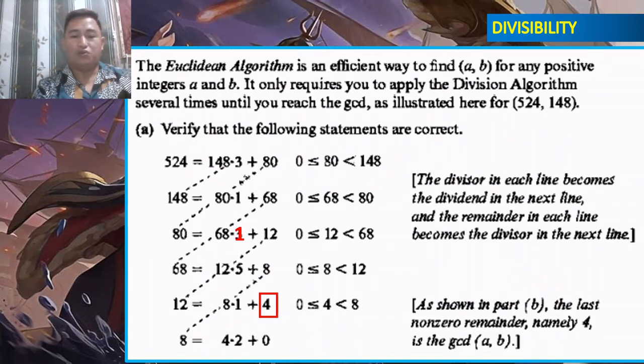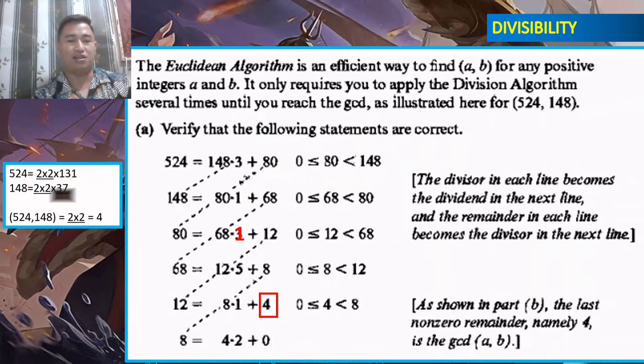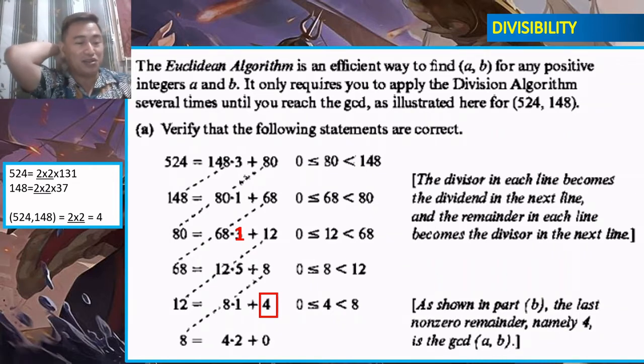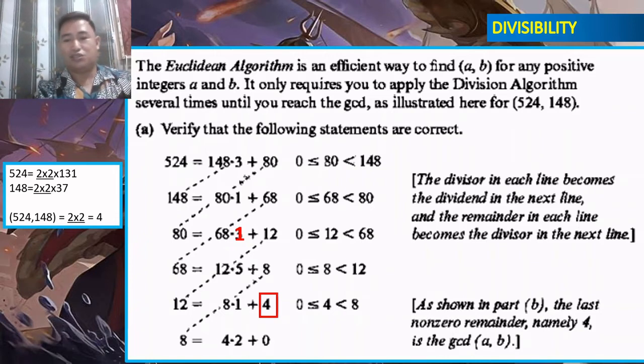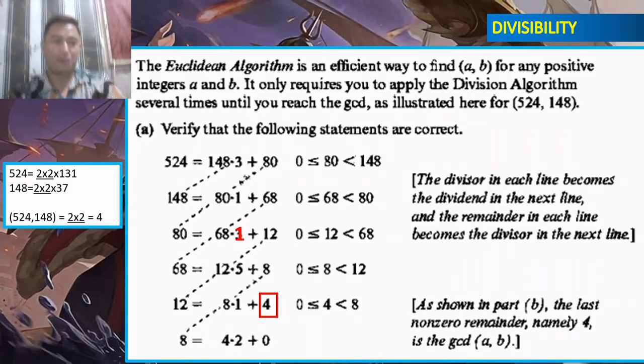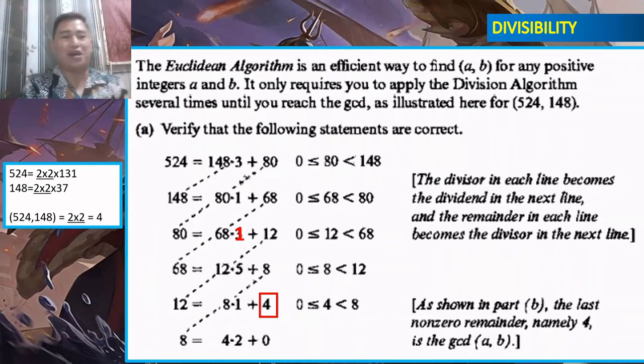Okay. So to check if 4 is really the answer for the GCD, let's apply prime factorization. It's easier than this, right, class? Okay, 524 is equal to 2 times 2 times 131. 131 is prime. Next, we will check if 131 is prime or not, but that is for the next topic about primes.